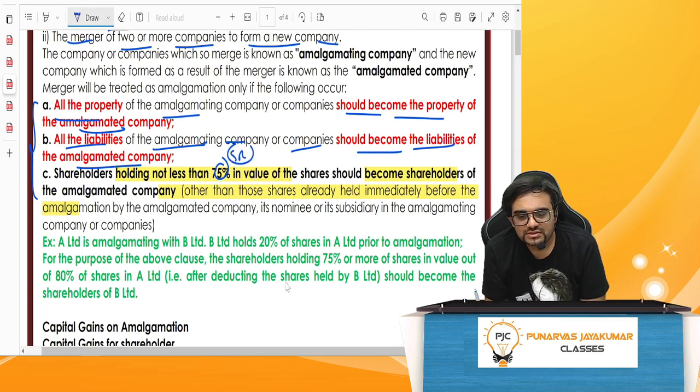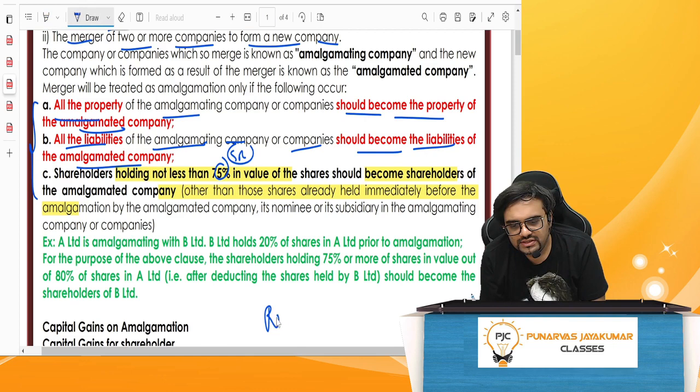But guys, Reliance wants to take over Tesseract. Reliance already has 20%. Now they're amalgamating. So basically, when they say shareholders of this company should become shareholders of this company, 75%. But the thing is, Reliance is already a shareholder.